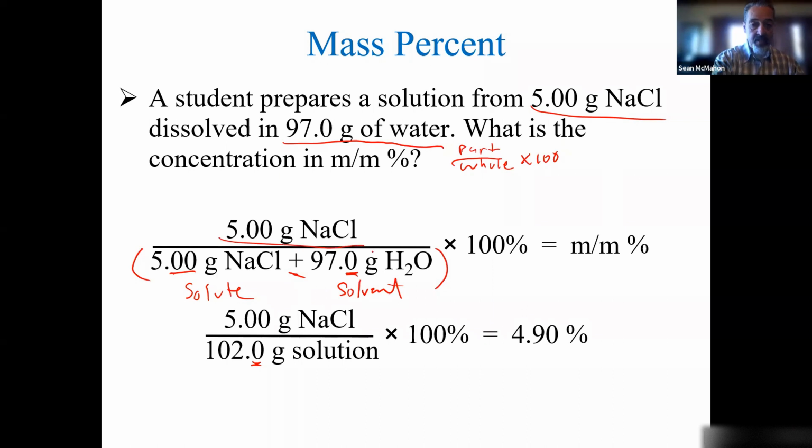Now, in my numerator, because this is a quotient, what do I mean by quotient? I use division. I no longer use the precision. I use the number of significant figures. So on the numerator, there's 3. In the denominator, there's 4. So my final answer should have 3 sig figs. So the answer for this solution, mass percent, is a 4.90 mass percent of salt in this solution.